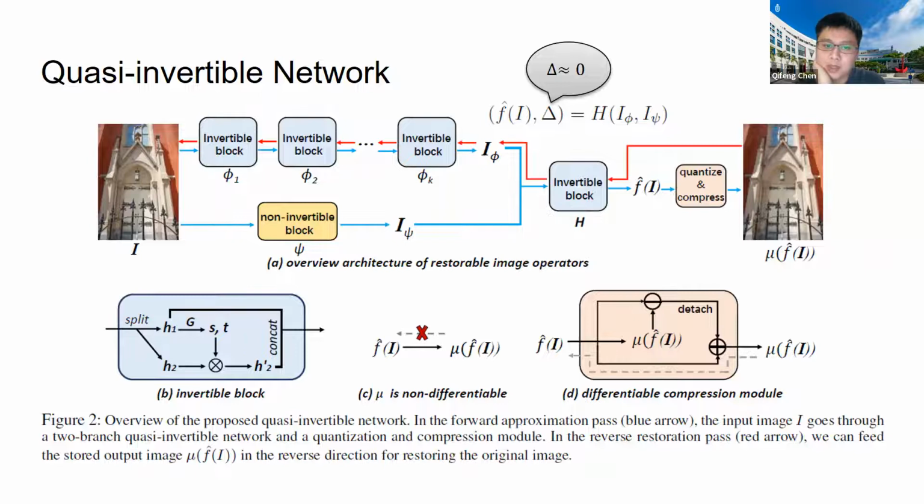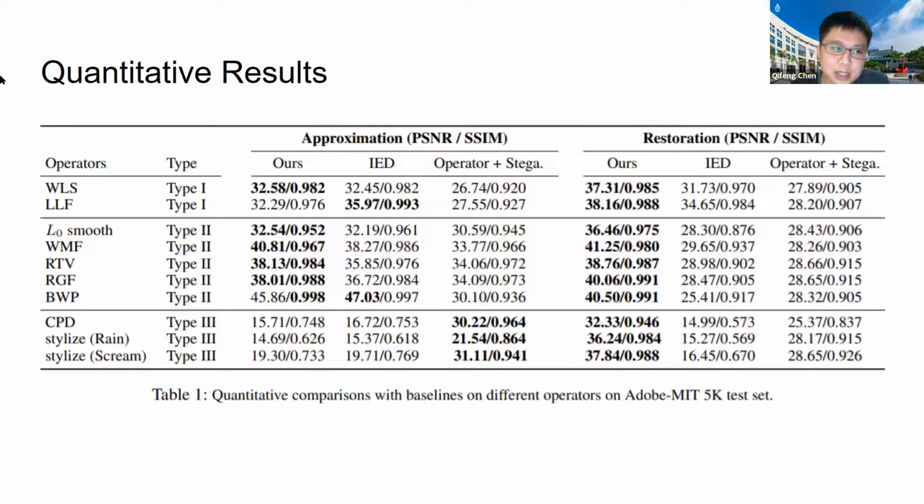So for different types of image operators, we train a different model for their processing. So for L0 smoothing, we would train one model, and for style transfer, for a particular style, we would train another model.